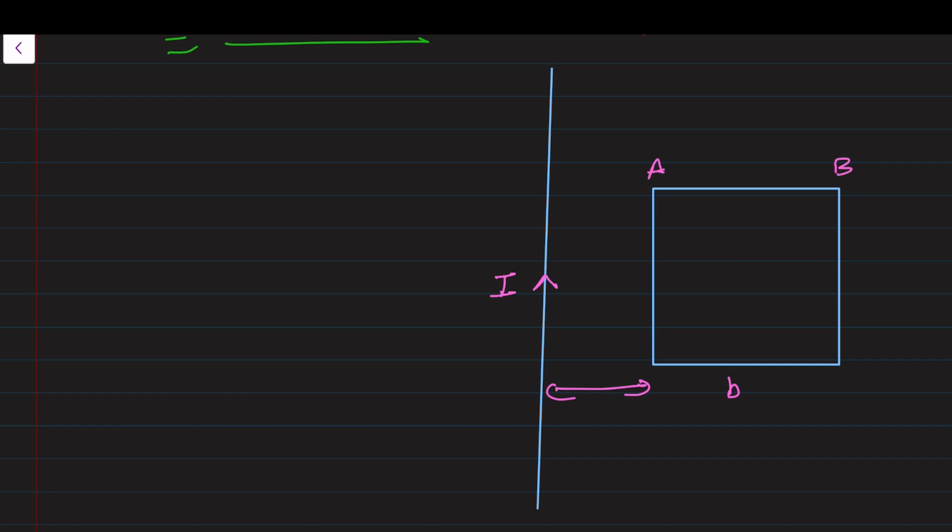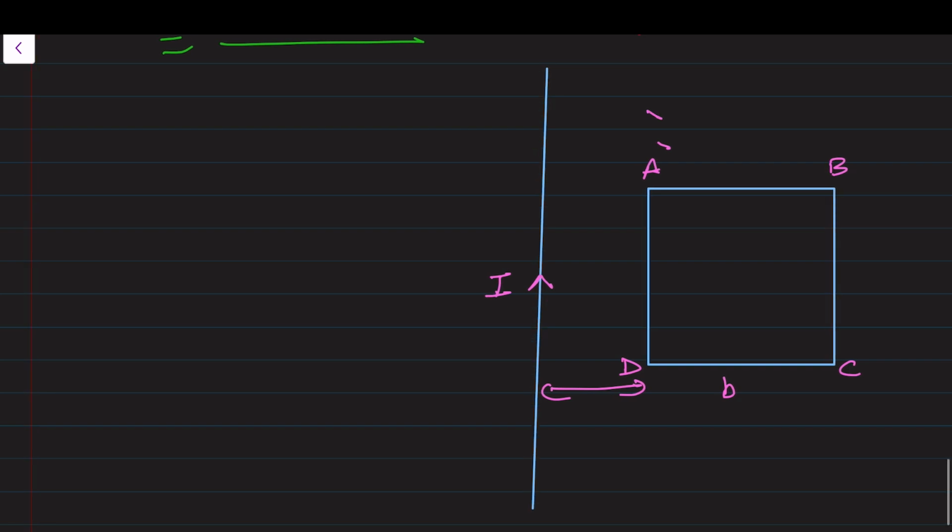Now, EMF induced in this loop will be 0. Directly you can say. Why? Because here will be some field. This way field is there. So when it is moving with velocity v, and then we have to find the EMF induced.